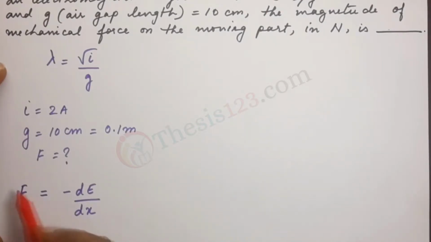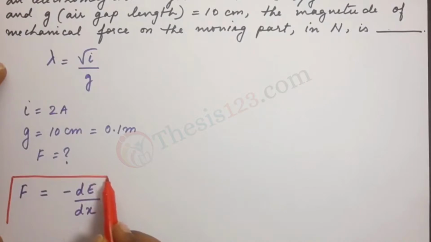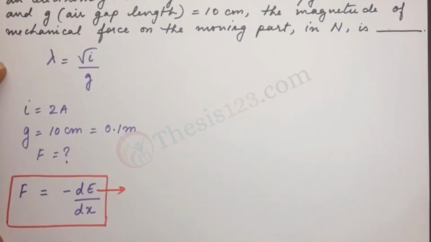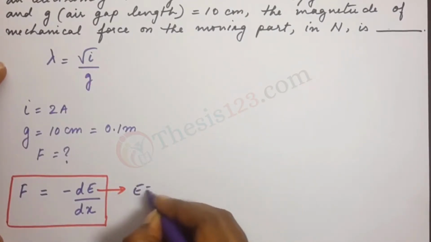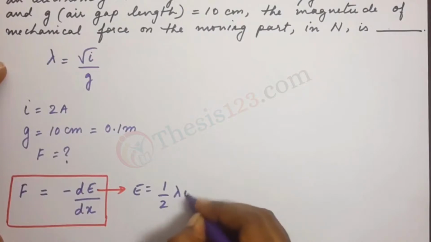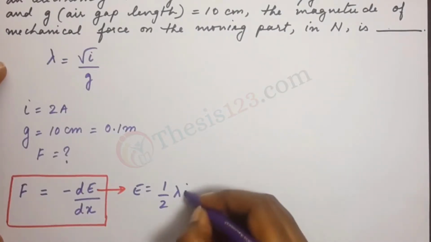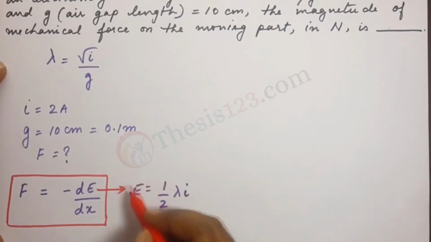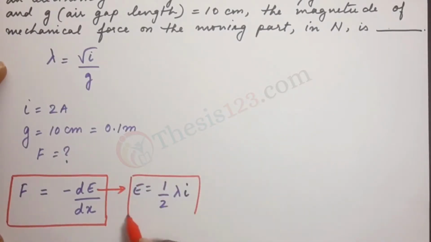When we are talking about electromagnetic systems, the force is minus dE by dx, where E is the energy in the electromagnetic system. Now E, on the other hand, can be given by the relation half lambda I. Half lambda I is the formula. So these are the formulas that we will have to use to solve this problem.